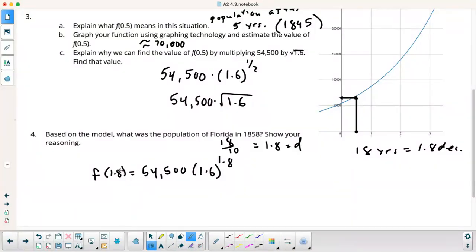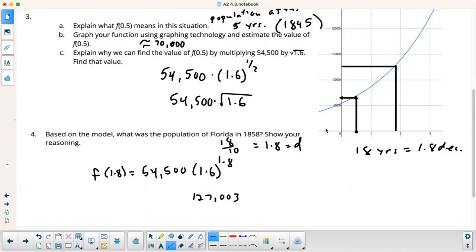So plug it in, 54,500 times 1.6 to the 1.8, and I'm going to get 127,003. So at 1.8, I'm going to go over here to my graph. 1.8 is right there. And I'm going to check it. Yeah, it looks pretty much in the right ballpark.